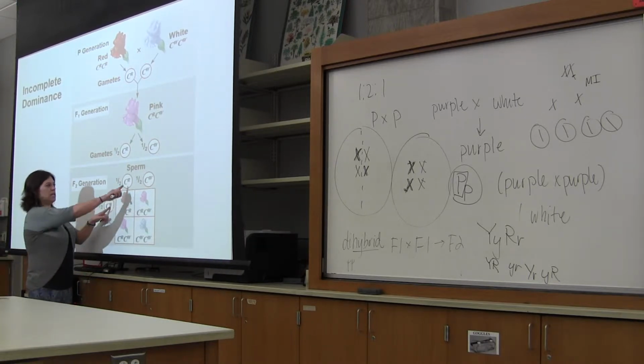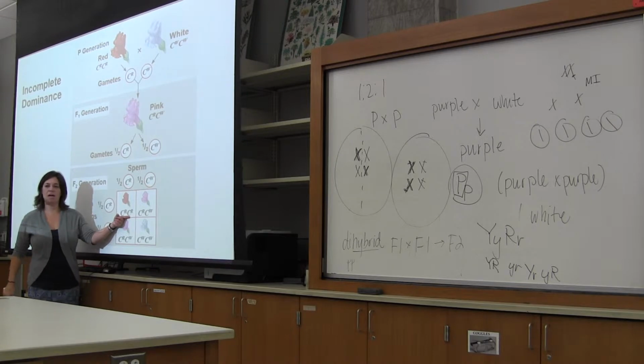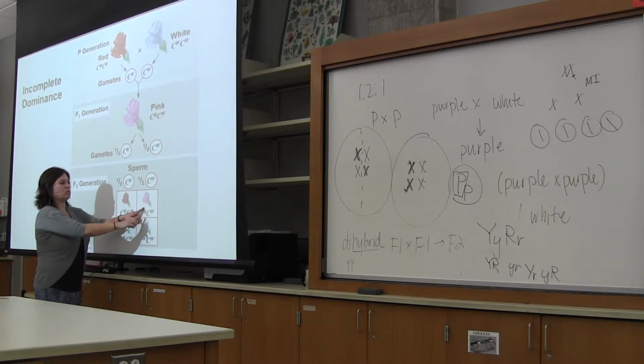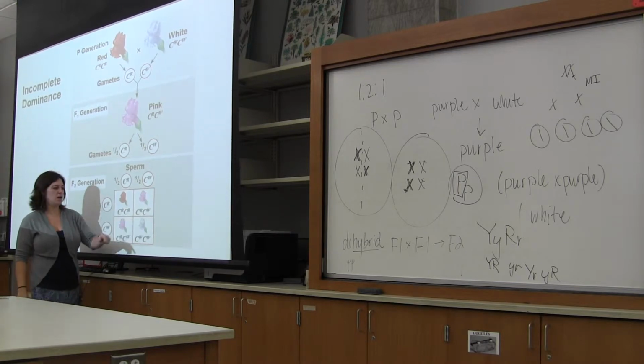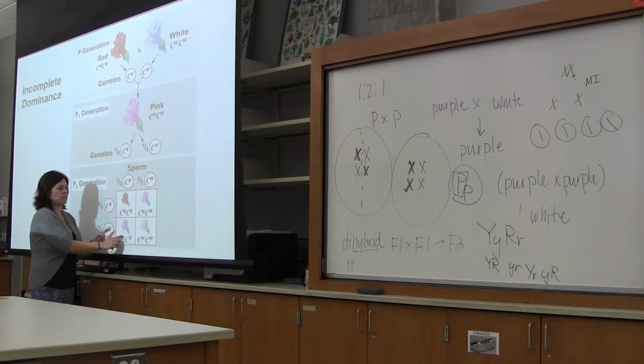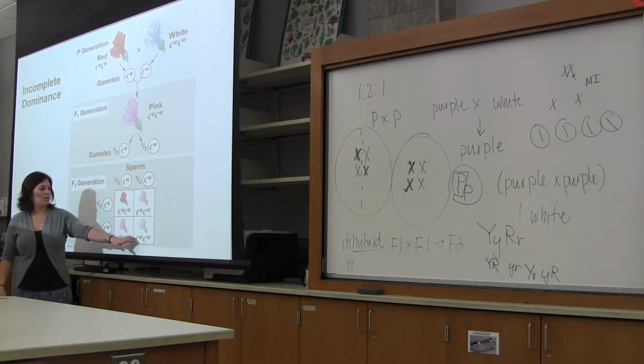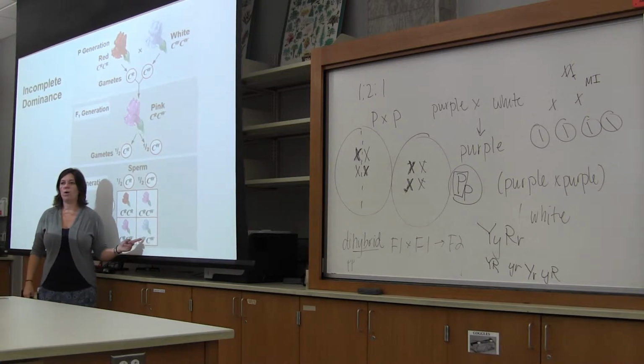You're going to see the homozygous dominant come back and show you the red flower. You're going to see the heterozygous, which is going to show this incomplete dominance. Another heterozygous right here. And then when you have the two recessive alleles coming together, W and W, that's going to give you back your white flower.